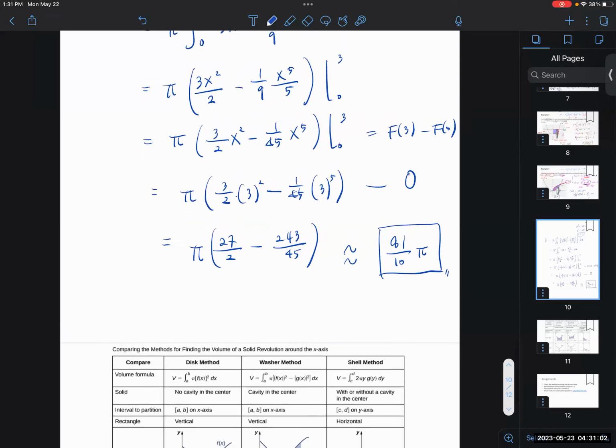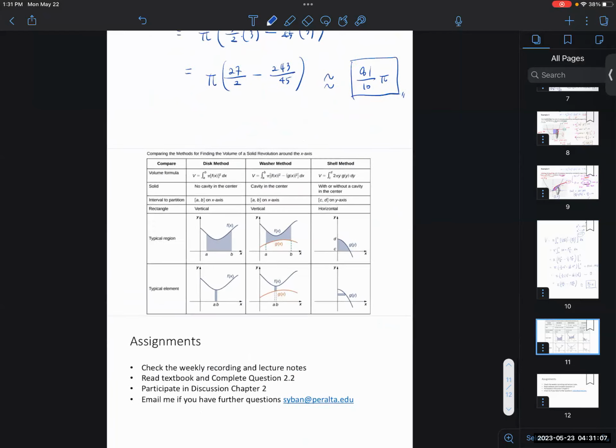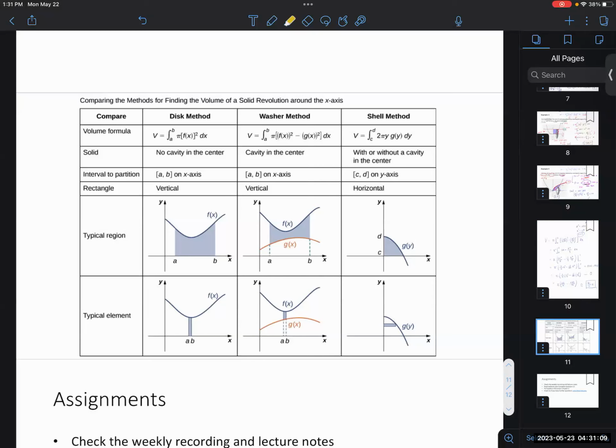So you can find the volume between two functions by using the washer method. I'm going to highlight it one more time. So this is the washer method. When you're rotating around the x-axis.